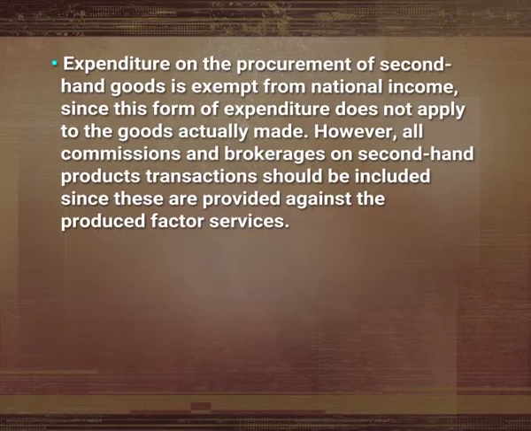Expenditure on the purchase of second hand goods is exempt from national income, since this form of expenditure does not relate to goods actually produced in the current year. However, all commissions and brokerages on second hand goods transactions should be included, since these are provided against current factor services.